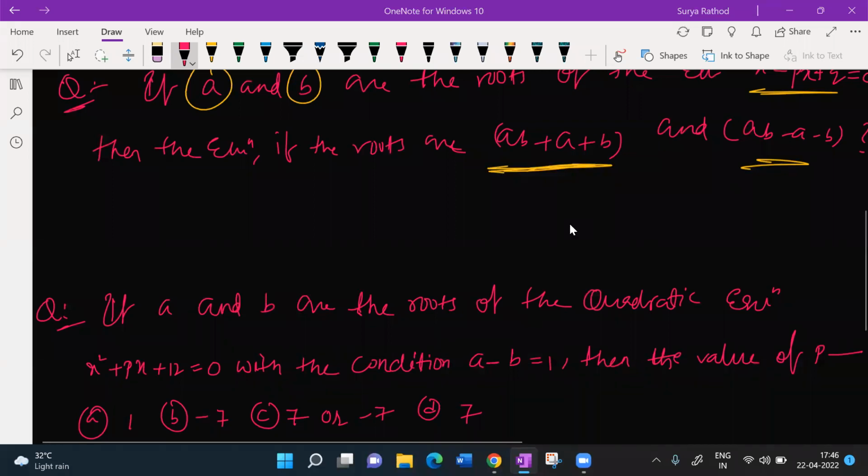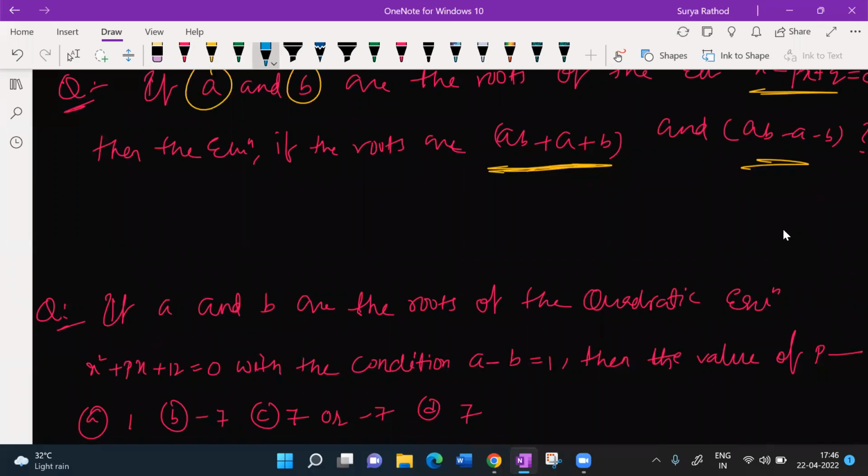Very good, Saranya. Let's see whether it is correct or not. Very good. Good, Kavya. Okay, let's see, guys.